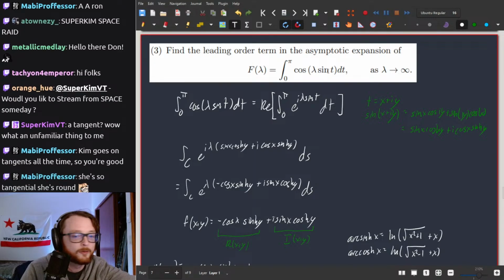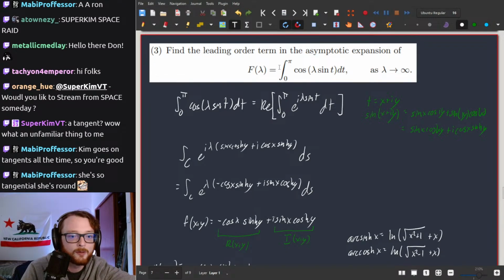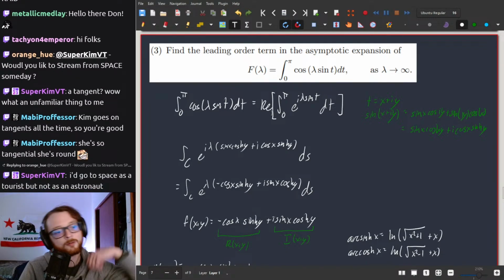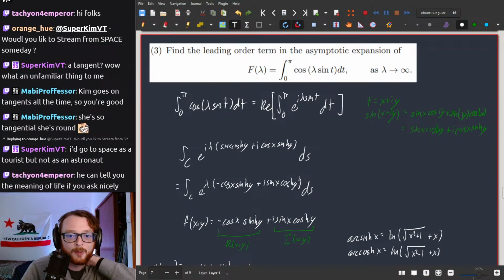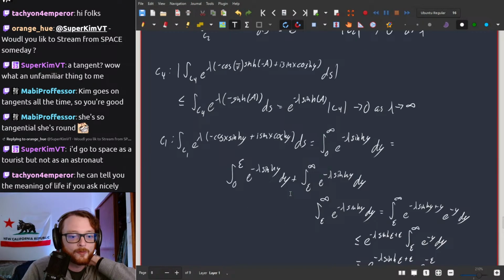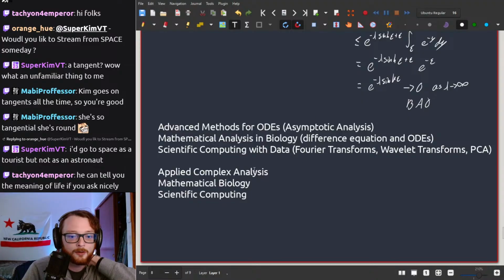So I've been working on this really annoying problem that I'm not liking in the background. But we've been talking about a few different things at one time here. I was talking about the classes that I have been taking. Then also there's a book about evolution that someone brought up that I'm going to get back to in a second. The tangent, what an unfamiliar thing to me.